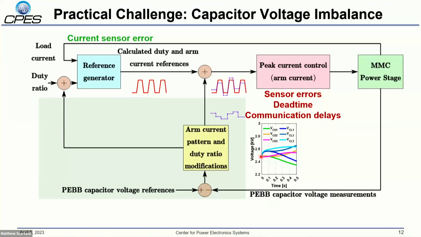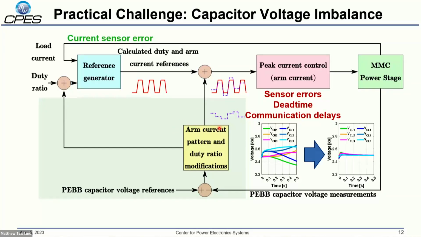To fix this, we developed a closed loop control scheme where the idea is that we take the PEBB capacitor voltage measurement in real time, compare it with a reference, change our arm current pattern and duty ratio in the central controller or outside system and plug it into the system. And this allows us to balance the capacitor voltages very well. Let's look at it in action.